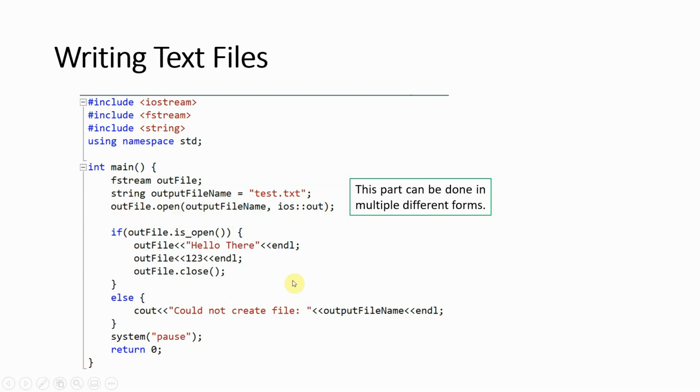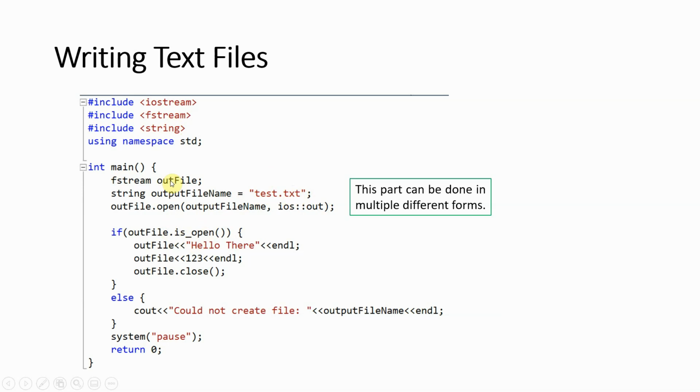So here we can check if this operation was successful or not. We just say if outFile.is_open, which is another member function of class fstream. This is either going to be true or false. If it's true, it means that we could create a text file named test.txt, and we associated this text file with this object.